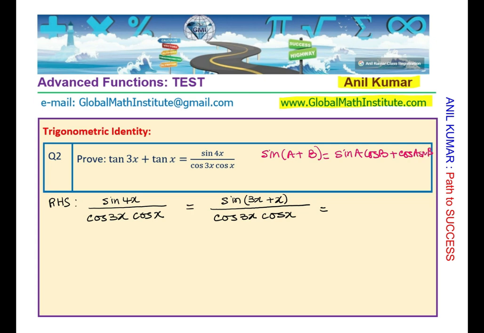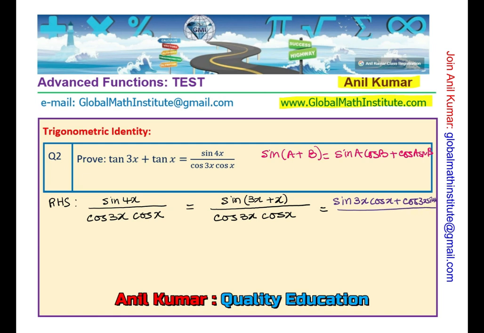What we get is sine 3x cos x plus cos 3x sine x, correct? Divided by, we have cos 3x cos x.